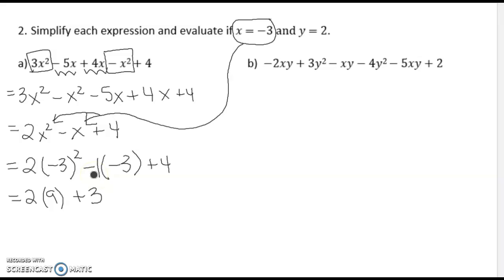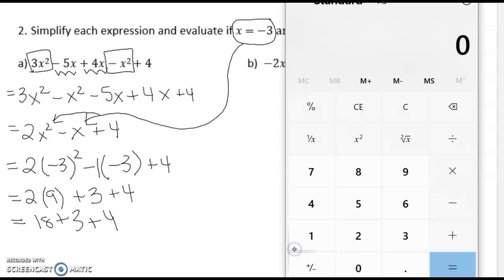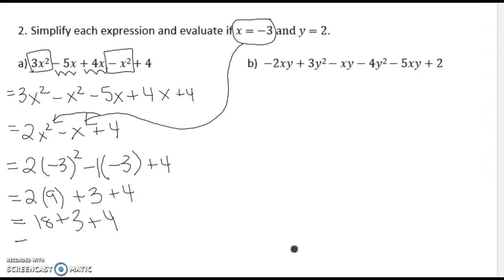Okay, negative 1 times negative 3 is positive 3, and then plus 4. And now we have to do multiplication. So 2 times 9 gives us 18, plus 3, plus 4. And then you can use your calculator and do it all in one step. Let's do 18 plus 3 plus 4, and that gives us 25. So the answer is 25.